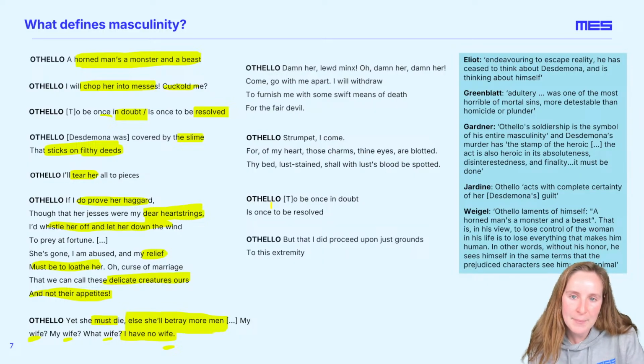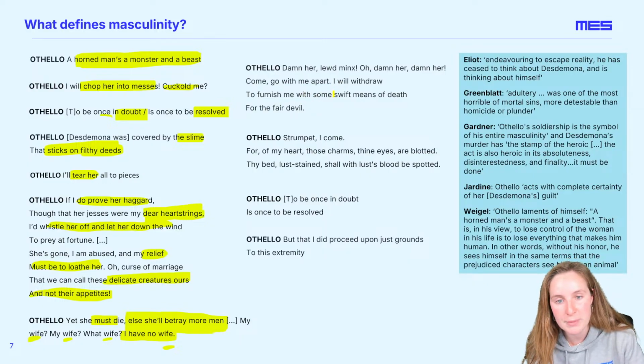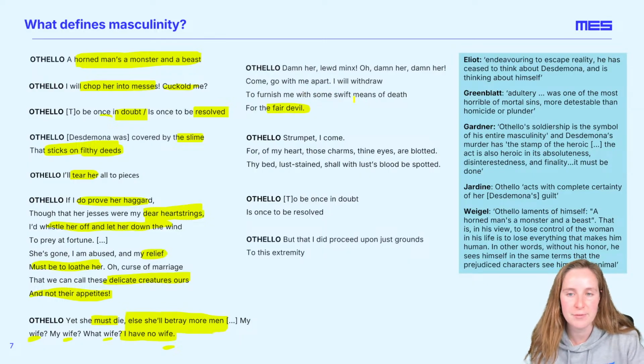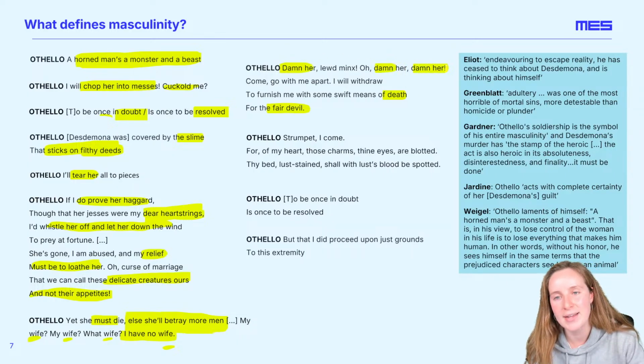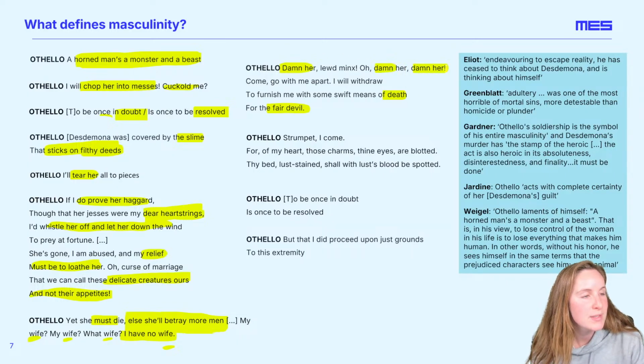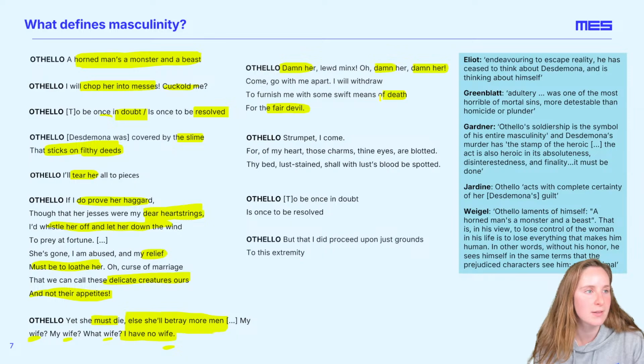Othello also says, damn her, lewd minx, oh damn her, come, go with me apart, I will withdraw to furnish me some swift means of death for the fair devil. So this idea of thinking of her as damned, so sending her to hell, damning her to hell, and he wants some quick way to kill this fair devil.